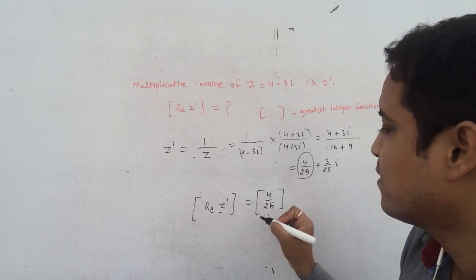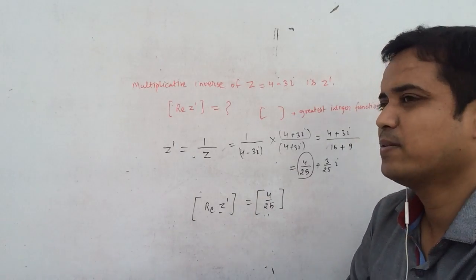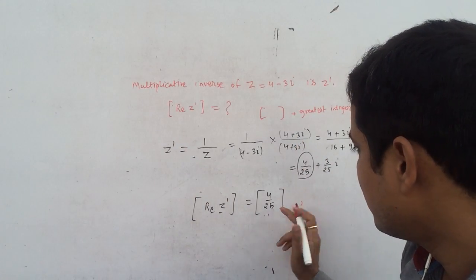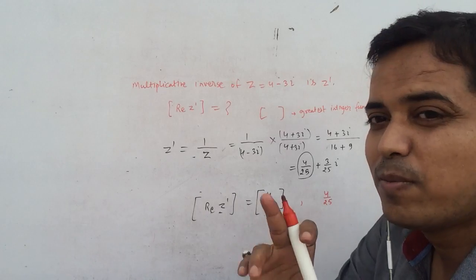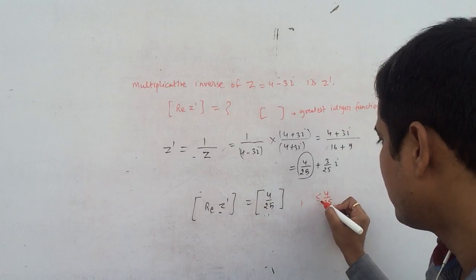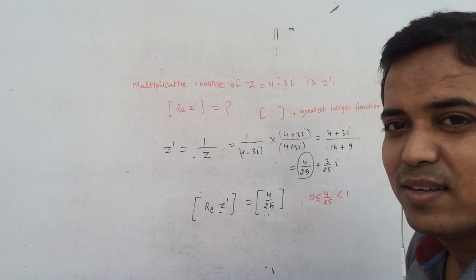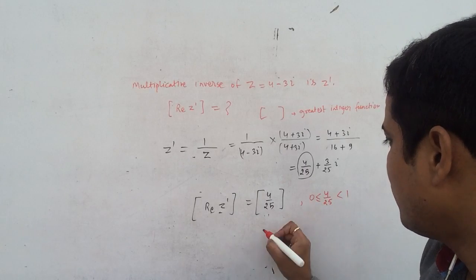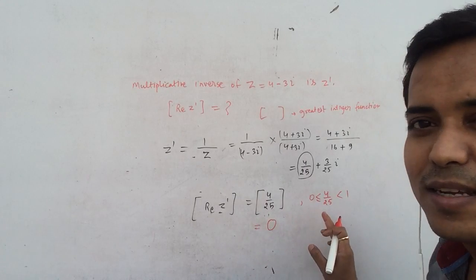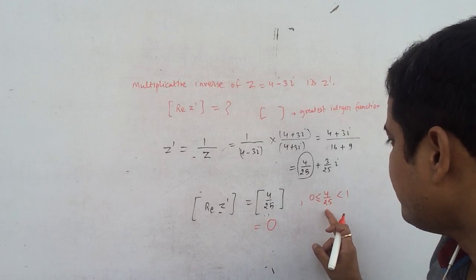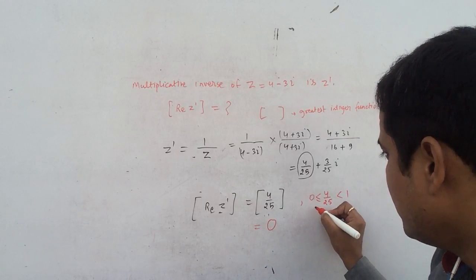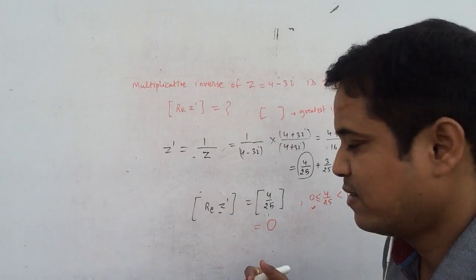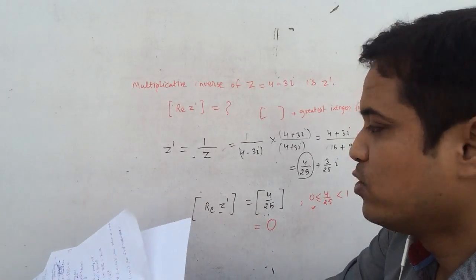How would you solve this first? This is very important. You have to tell that this number, 4 upon 25, lies between two integers, 0 and 1. This is the formation of the greatest integer function. The value would be 0, the lower integer, since it lies between 0 and 1.